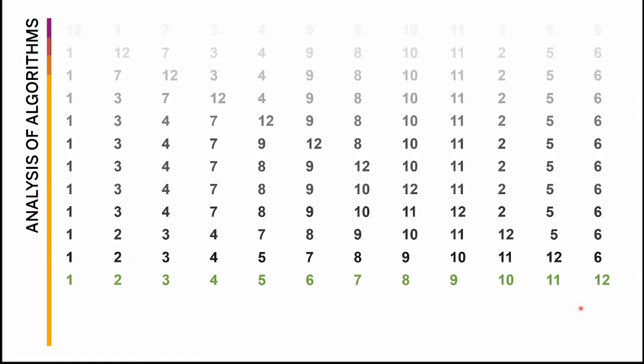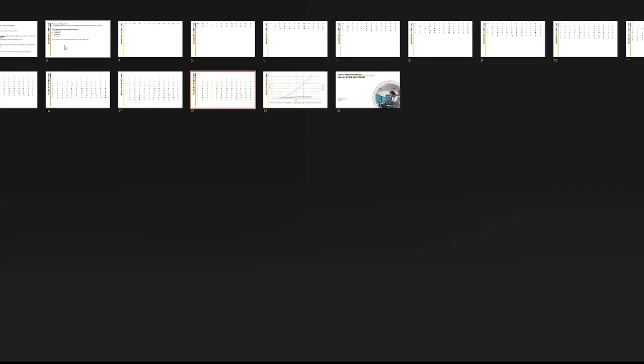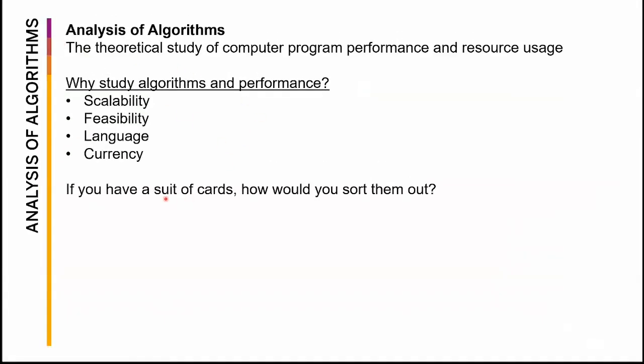If there are no questions, let me reiterate why we are doing all of this. Again, we go back to these four: scalability, feasibility, language, and currency. We want our algorithms to be scalable despite input size, and we want our algorithms to be feasible, to be able to solve the problem.